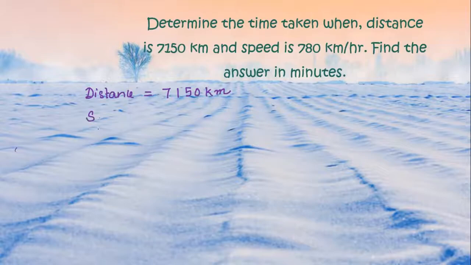Speed is also given, right? Yeah, speed is equal to 780 kilometer per hour. We have to find the time taken. The equation to find the time taken is distance by speed.